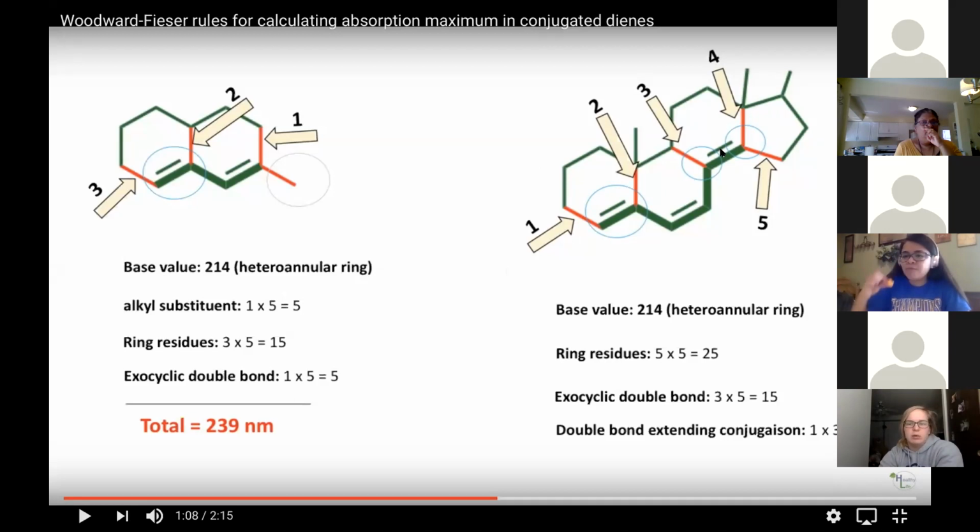Because then this double bond would affect this carbon and this carbon. Because if you look at just this as a ring, this is going to be considered exocyclic. And then if you look at this ring, then you have these two exocyclic. So maybe that's it.